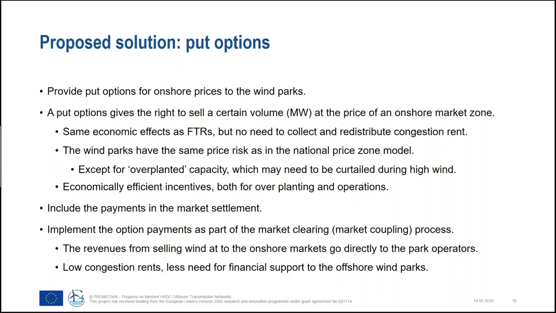Instead, the proposal is to provide the park operators the right to onshore prices directly, so that in the market clearing, at least part of their output is remunerated at onshore prices. Only overplanted capacity or capacity that needs to be curtailed will not receive these put options.